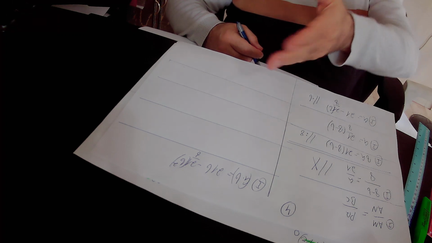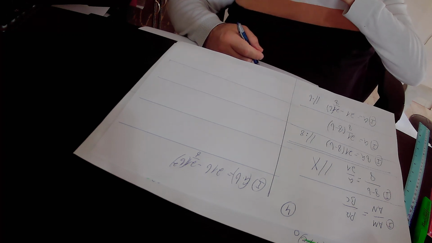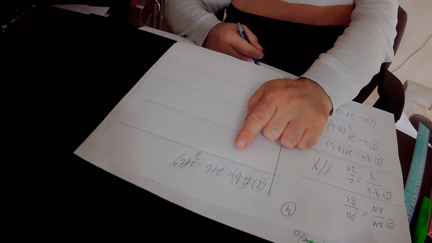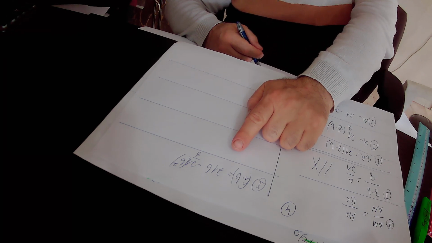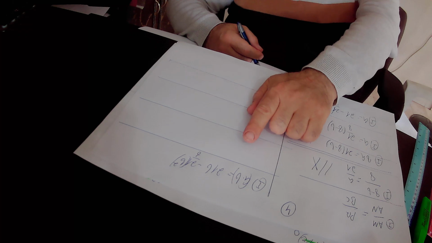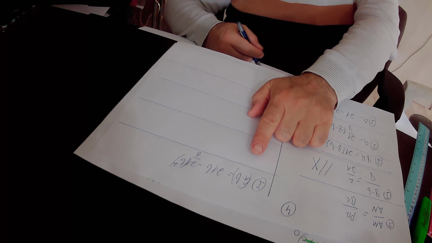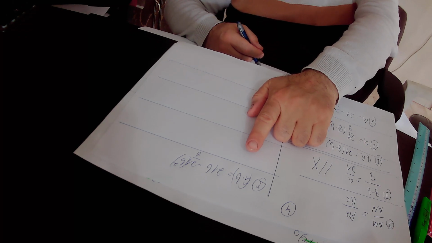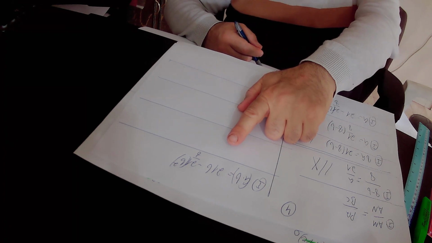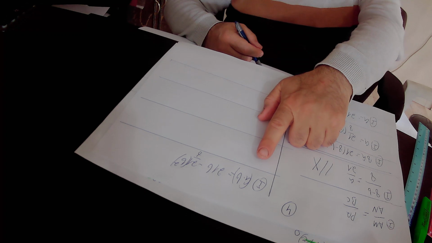B is the independent variable because we can substitute B for any positive value that we would like, and after we determine the value of B, then the value of the area, that is A times B, will be determined immediately. So B is the independent variable and the area is the dependent variable.